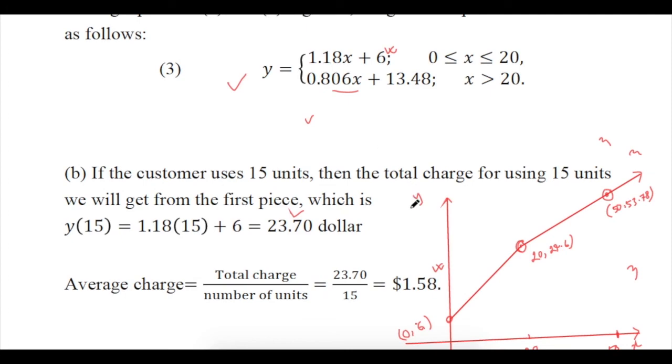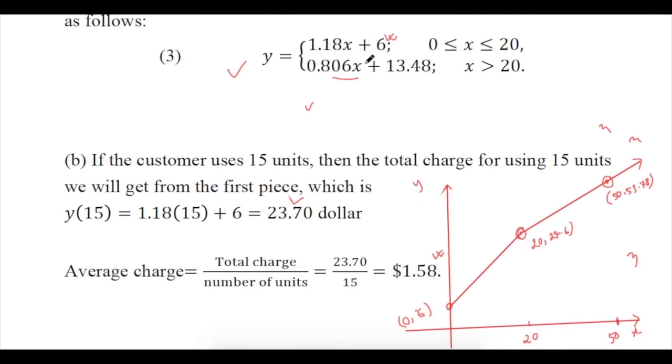So this is the graph of this cost function. We understand that the first line initiates from 0 and ends at 20, and when x equal to 0, y equal 6, and when x equal to 20, y equal 29.6. So this is the end point of the first line, and the second line is less steep than the first line, since the slope is smaller.